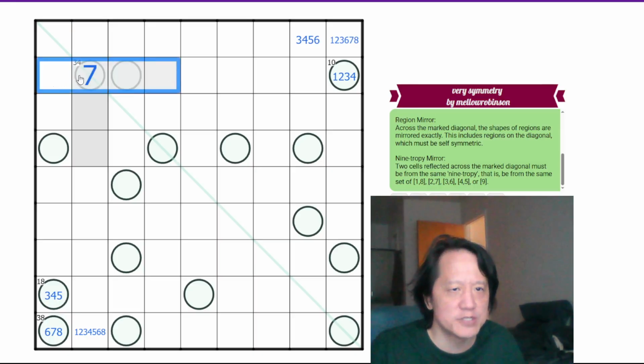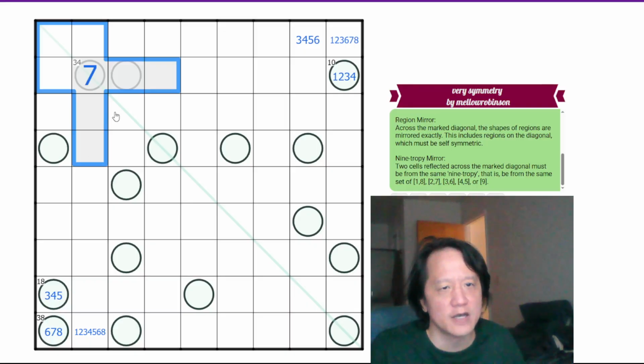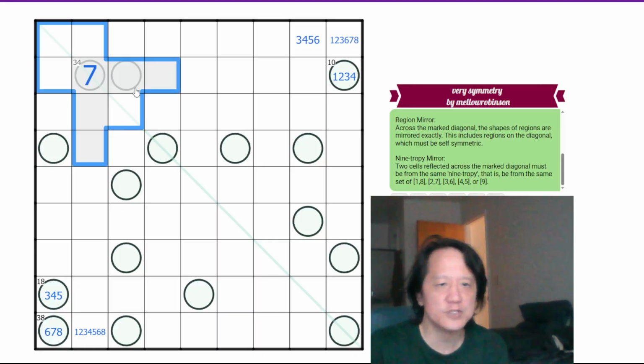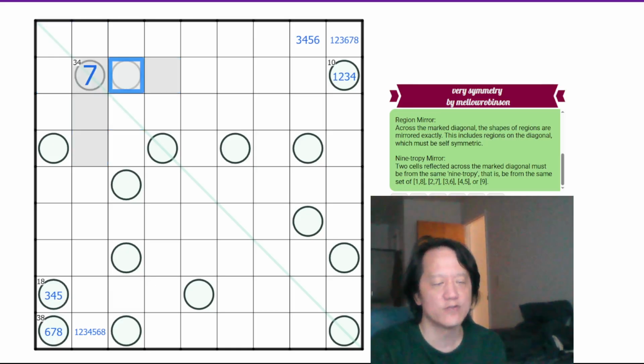So this must be symmetric around this region. If it goes this way, that means this is part of that same region. And so then these would have to still be symmetric around the diagonal, so it has to go there. And then this would see 1, 2, 3, 4, 5 regions, or 5 cells.